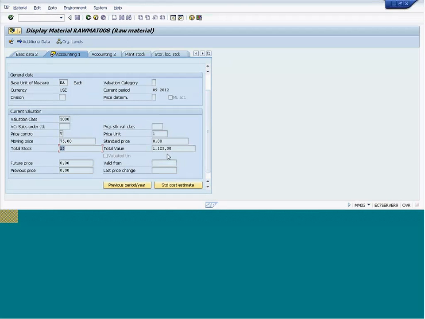Yes. For 15 it is 15 times 75, right? So this is the inventory which is 15, and it is valuated at $75 per piece, which is the total value is this much. Right. Yeah.